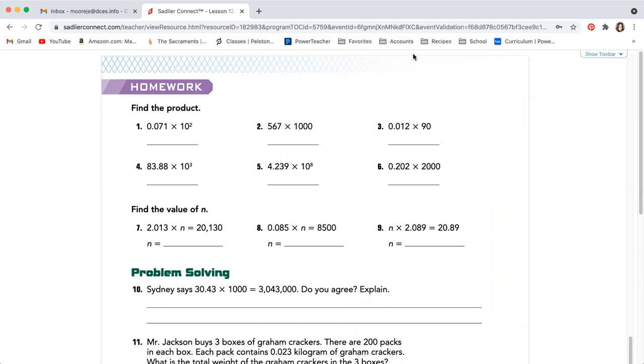So let's just kind of preview it first. Don't write just yet. But do you notice how number 1 has a power of 10? That's easy. Number 2 has a power of 10. That's easy. Number 3 is going to have to be decomposed, right?